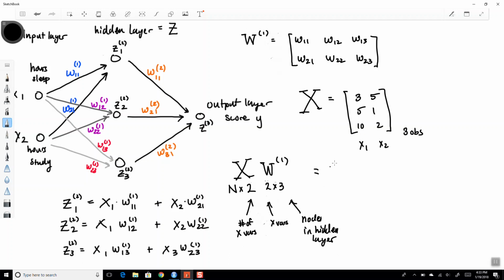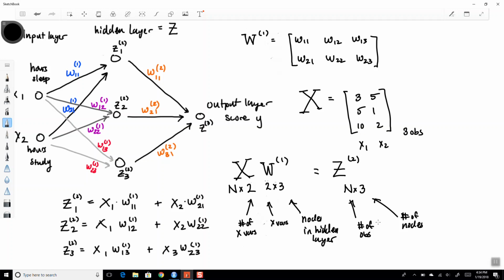So the output, our matrix Z, which to indicate it's our second layer, Z2, will be N by 3. This is number of observations times number of nodes. So Z is a 3 by 3 matrix because I've got 3 observations.